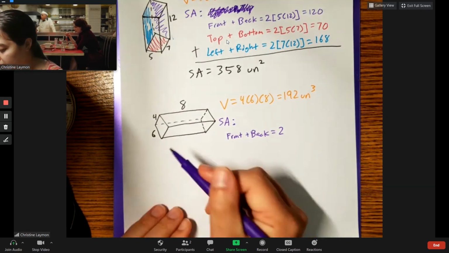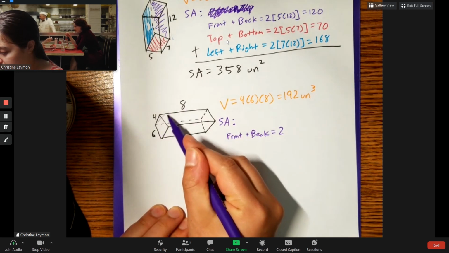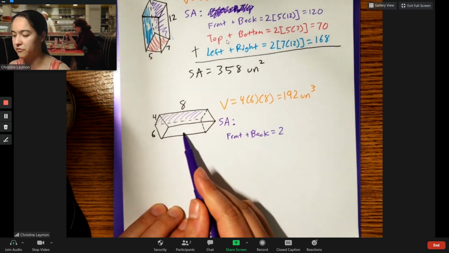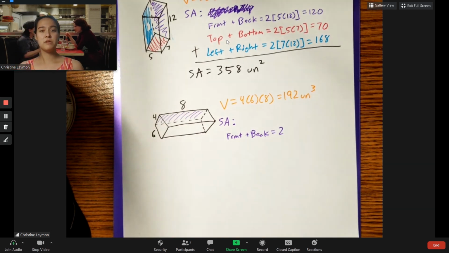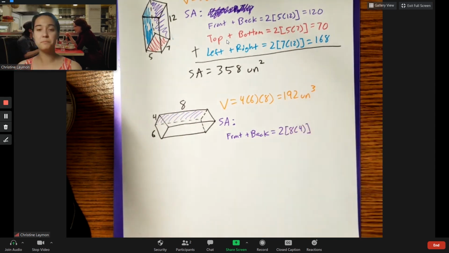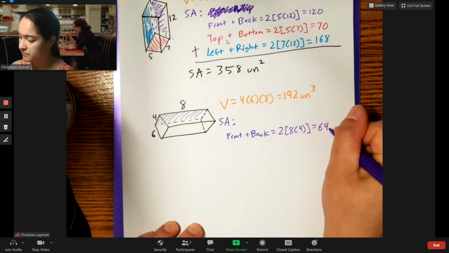So front and back, that is going to be this side for me. So this is my back side. This side here is my front. Okay, so notice that that dimension of the back side is 8 times 4. 8 by 4. 2 times 4 is 8. 8 times 8 is 64.